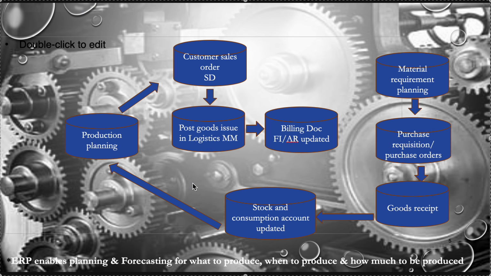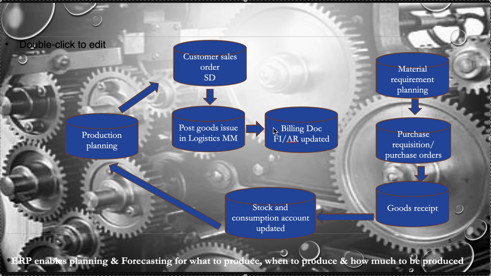So if you see the typical process of how an ERP mechanism works in a company, this is an end-to-end process, whether you are talking about procurement or sales. Take the example of a manufacturing company.